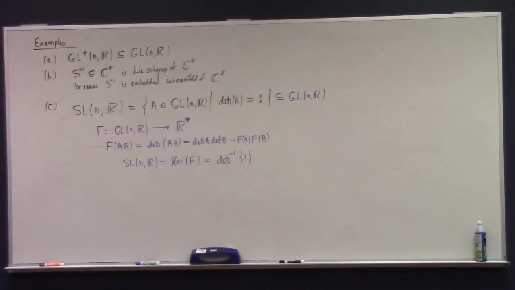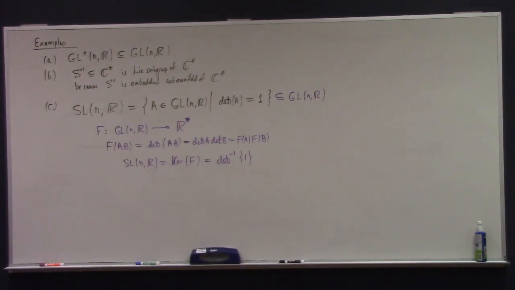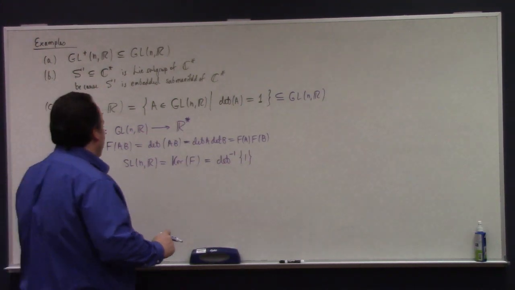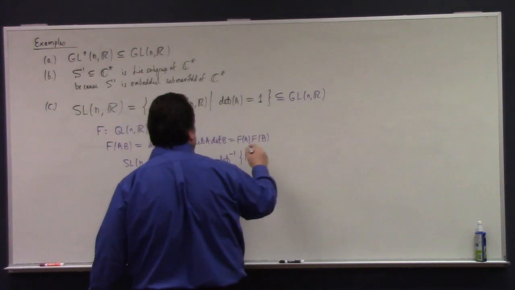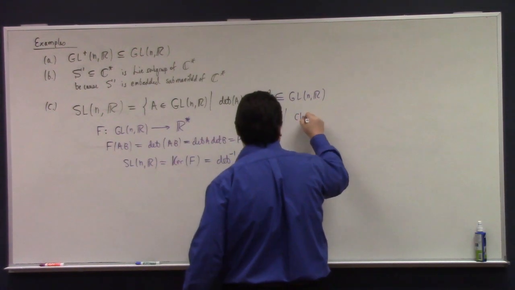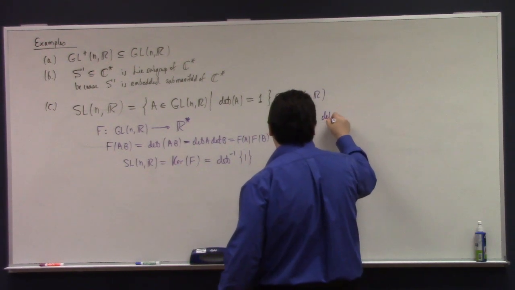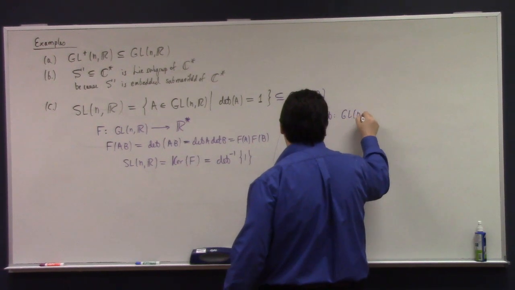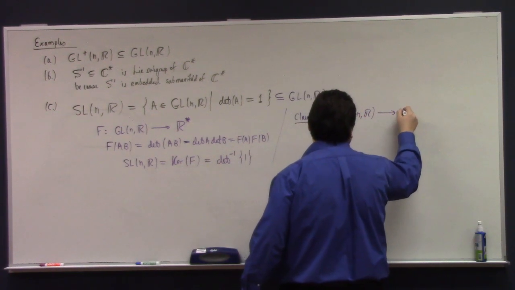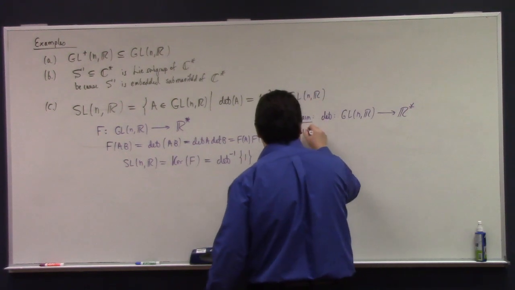Let's see here, what's he say? He says, because the determinant function is surjective, it's a smooth submersion by the global rank theorem. So SL_n(R) has dimension n squared minus 1. Ooh, sneaky. So he claims that the determinant mapping from GL_n(R) to R is surjective.